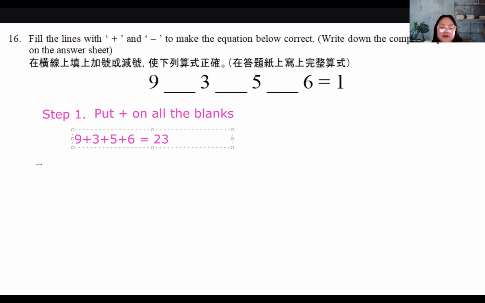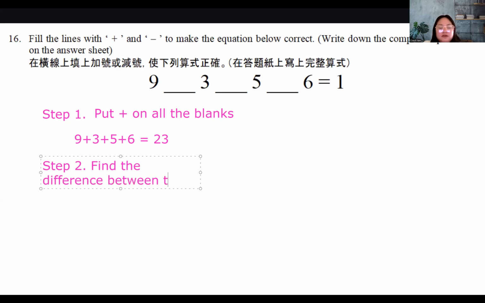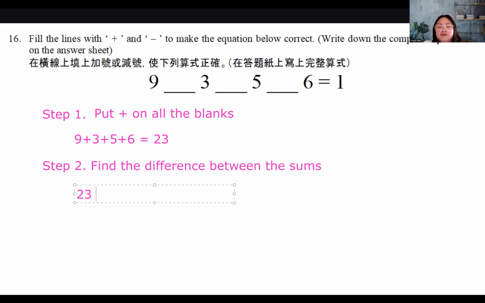Okay? Now, step 2, find the difference between the sums. So what sums are we talking about? We're talking about the sum that we solved, which is 23, and the sum that is given in the problem, which is 1. So this sum right here in the step 1 and this sum right here.